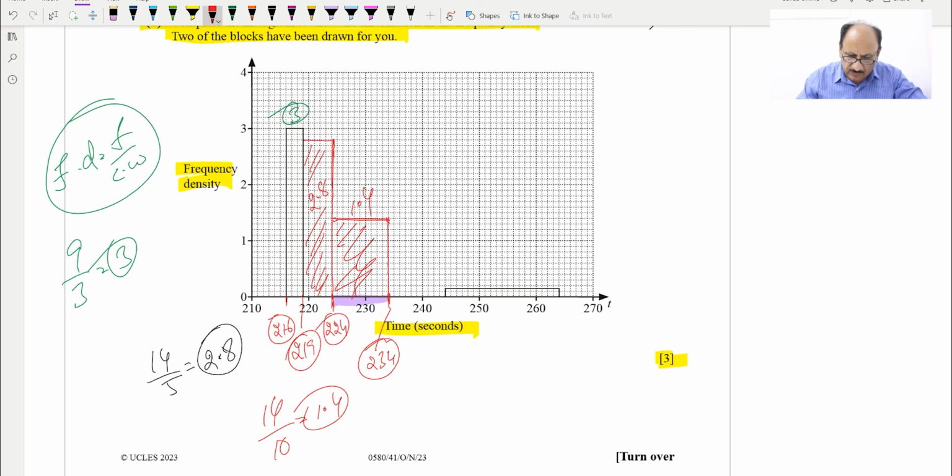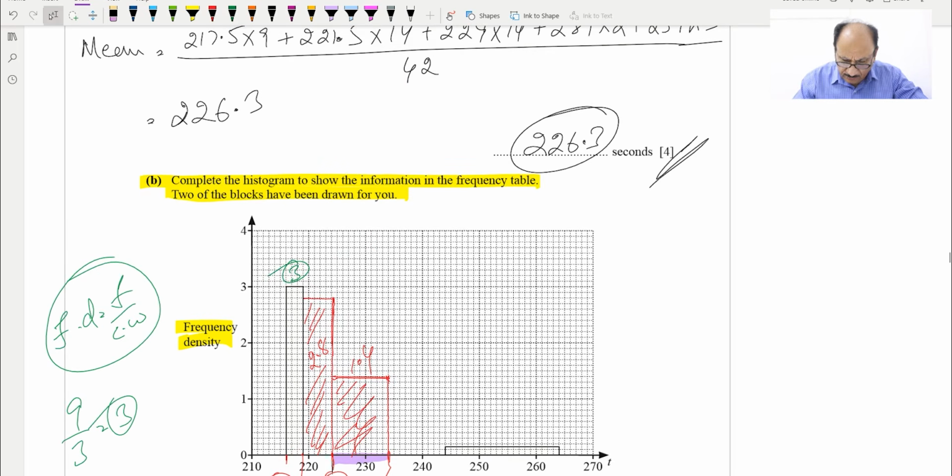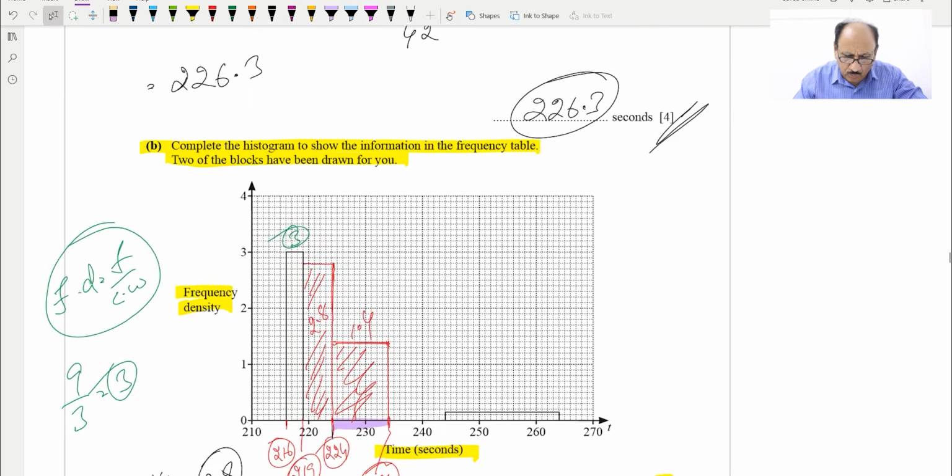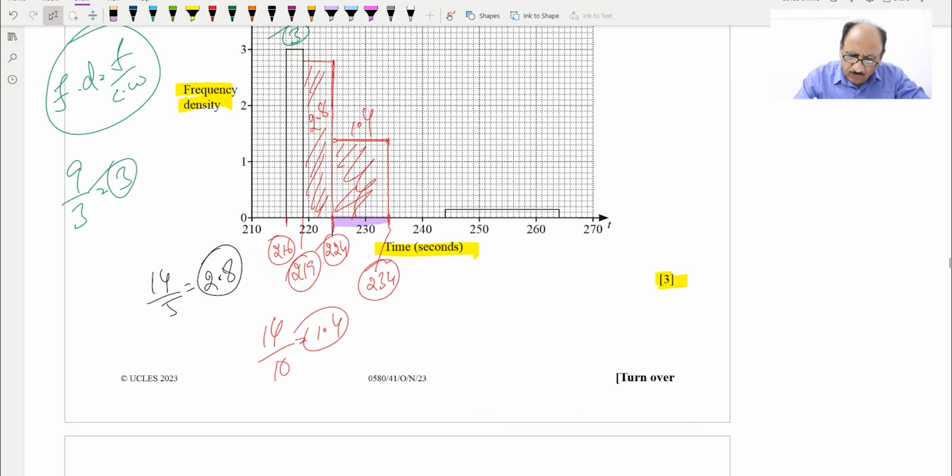Next is 234 to 244. The class width is 10, and the frequency is 2, so dividing 2 by 10 is equal to 0.2.